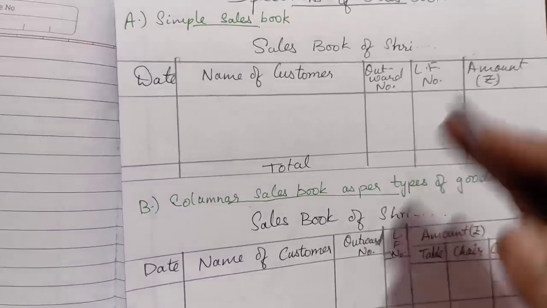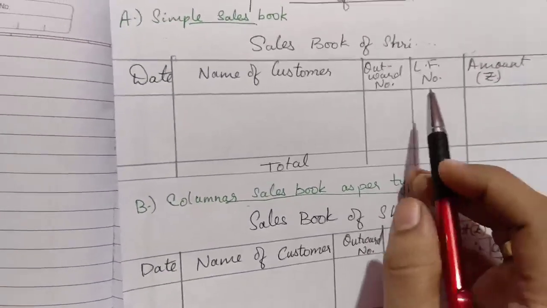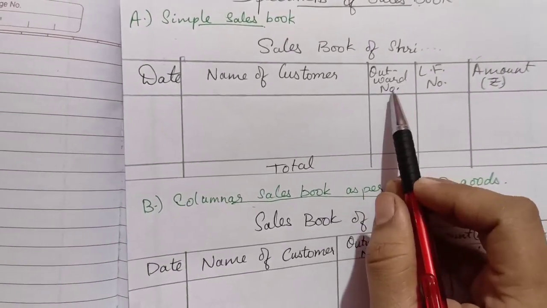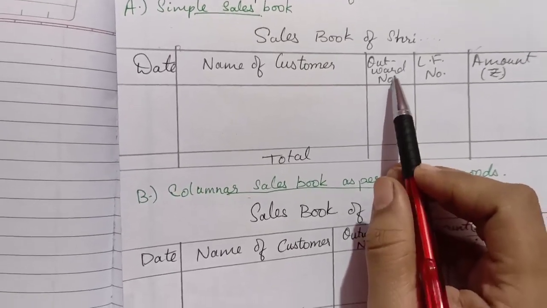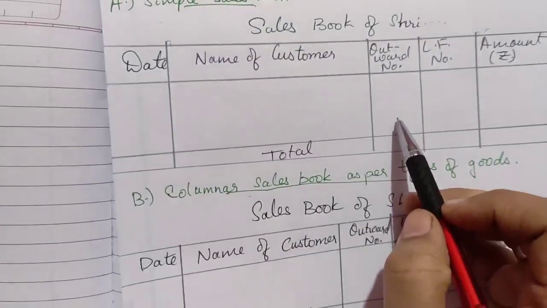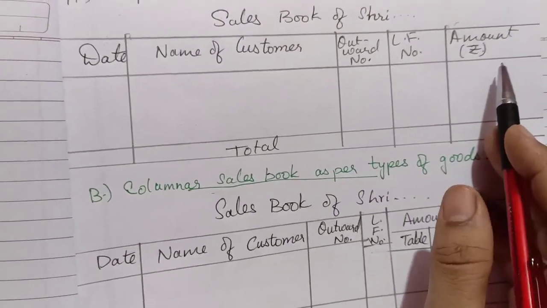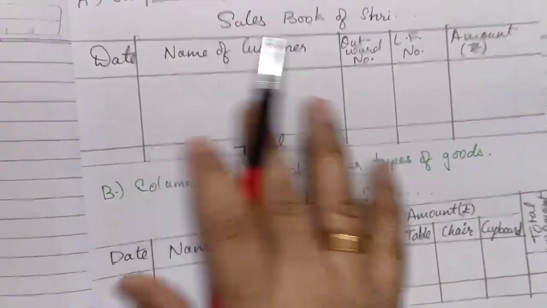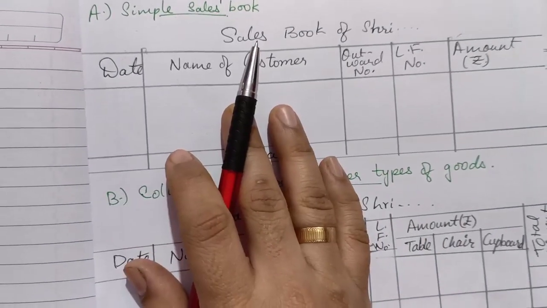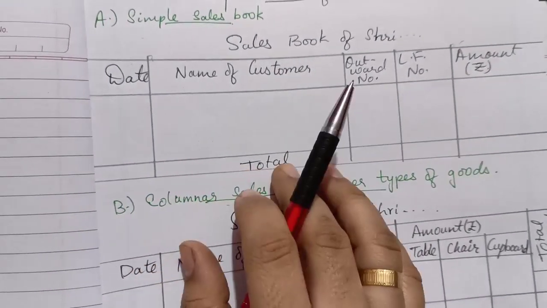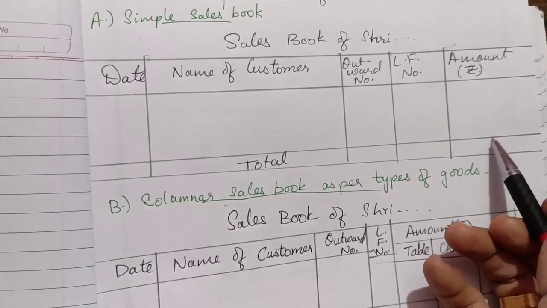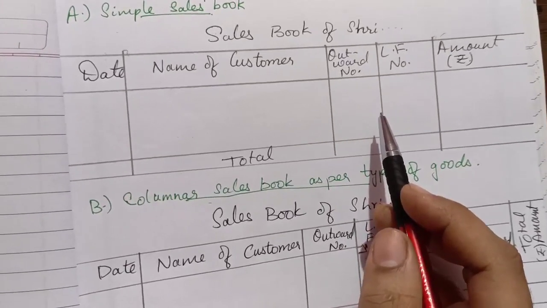Now, as goods are going out of your business, here you write the outward invoice number. Then the ledger folio number, and in the last the amount. This one was the simple sales book, with the total made very easily.